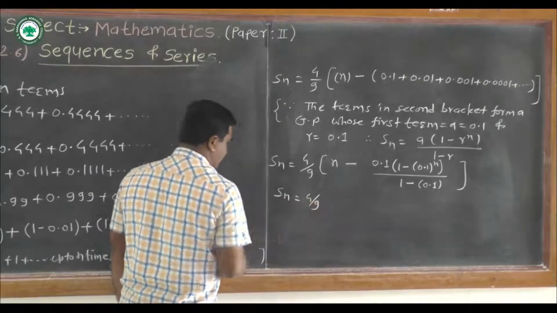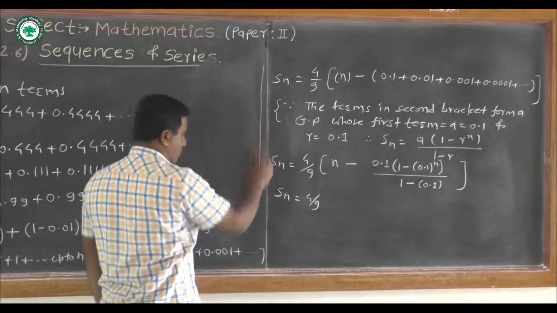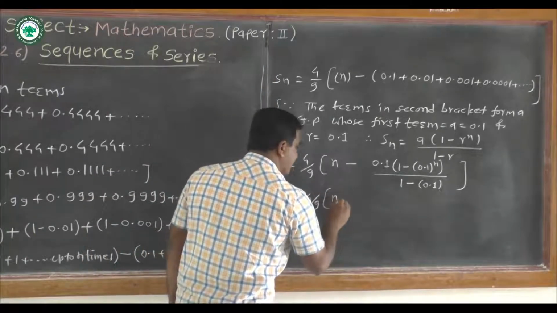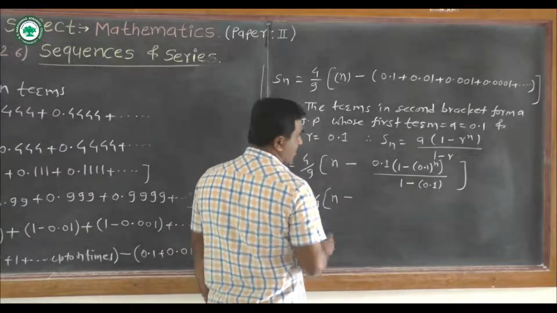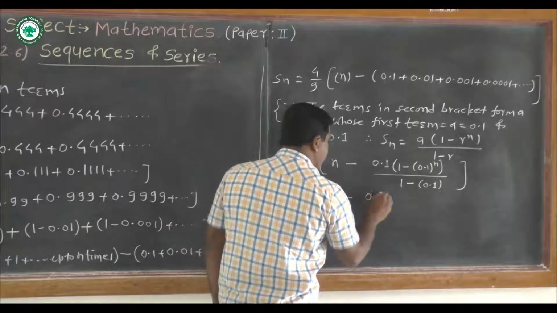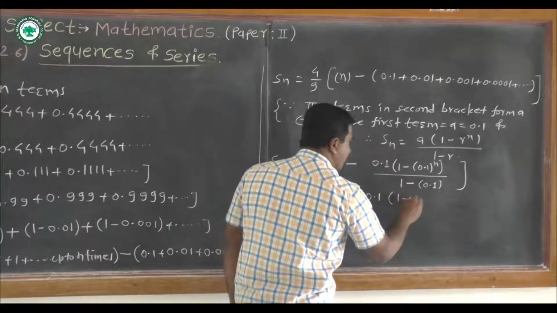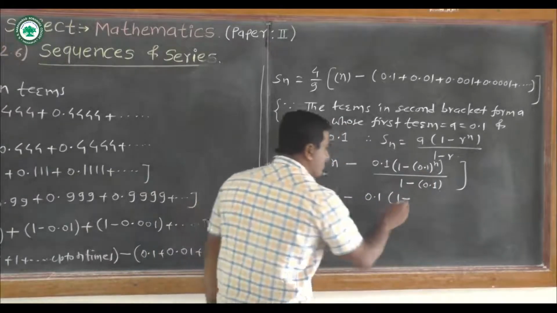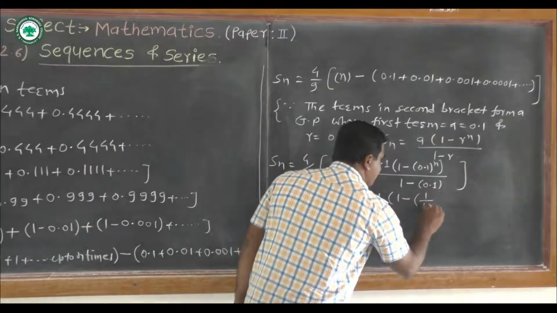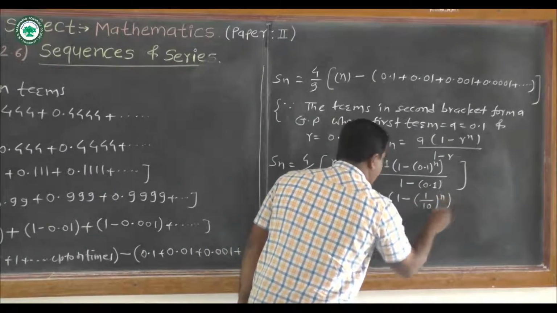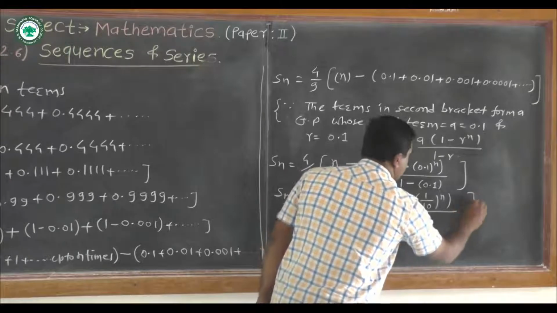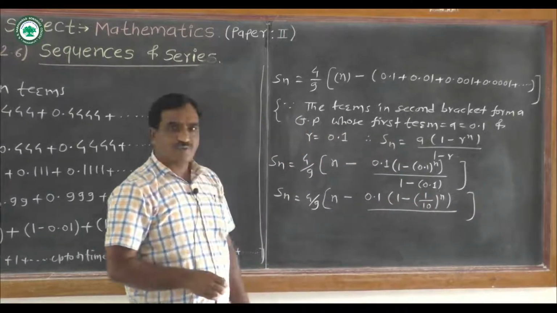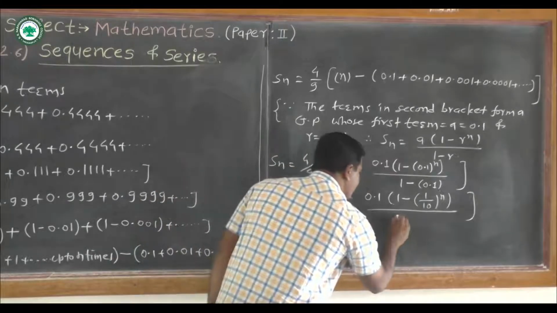Okay, that is Sn is equal to 4 by 9 into, in bracket, n minus here 0.1 into, in bracket, 1 minus 0.1 means 1 by 10 in fraction form, 1 by 10 raised to n, upon subtraction of these two terms, 1 minus 0.1 means 0.9.